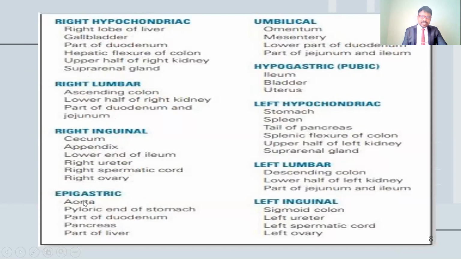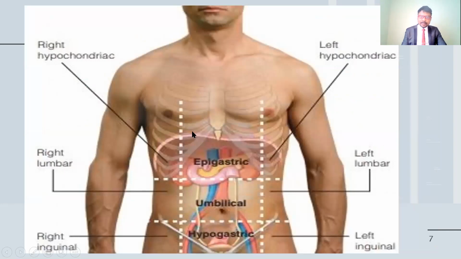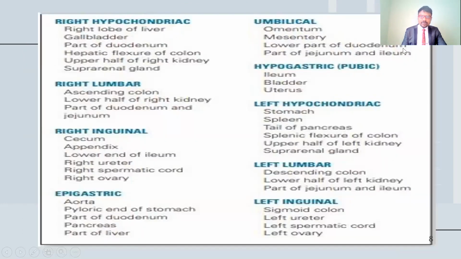Also the epigastric region has the aorta, the pyloric end of the stomach, part of the duodenum, pancreas, and part of the liver. Coming to the umbilical region, there are the arteries, the omentum, mesentery, lower part of the duodenum, part of the jejunum, and also ileum.